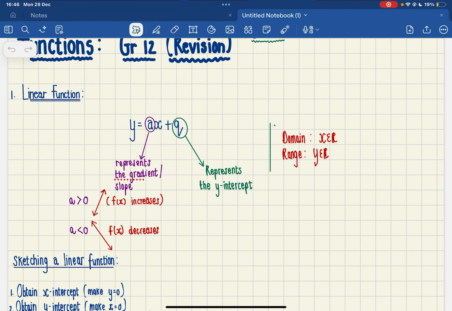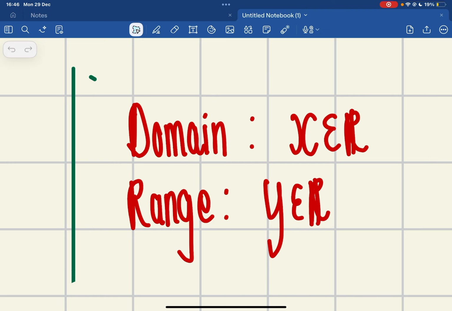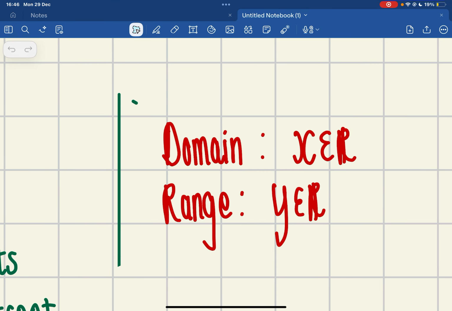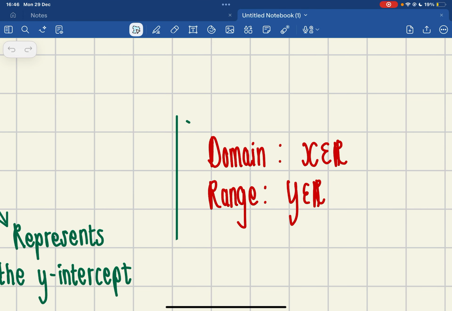Now boys and girls, these are 3 marks for you. In the 3 marks that you will be getting, let's just remember our domain and range. For a linear function or straight line function, the domain will always be x is an element of the reals.